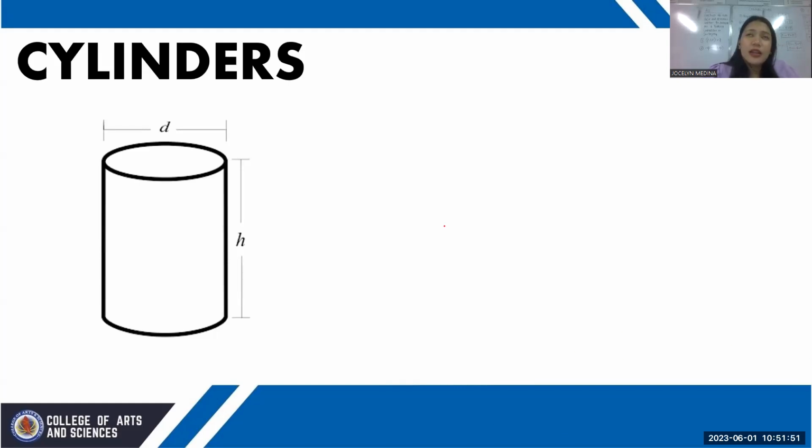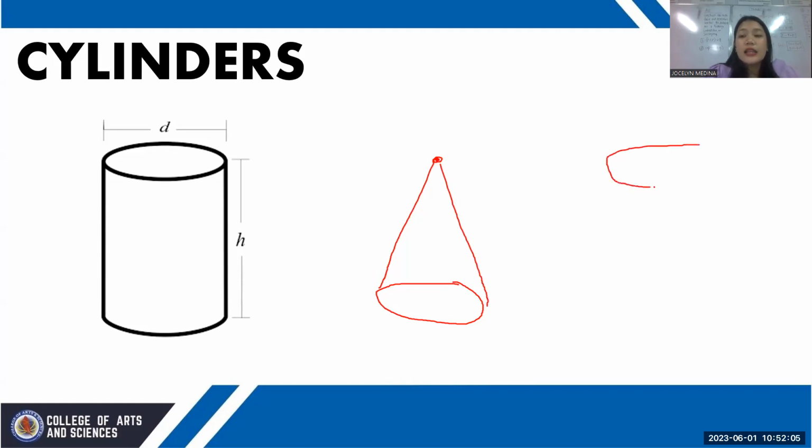Ngayon naman, the difference of cylinder and your cone is, ang cone natin, may curve at the apex, and then at the lateral side. That's a cone. Ang cylinder, may curve line sa taas at sa baba. Tapos, lateral side, and that's your cylinder.